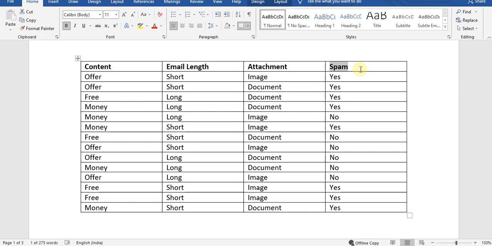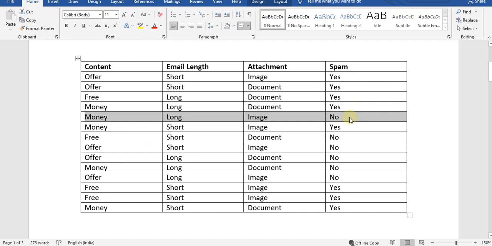If you consider the first record, you can understand that when the content of the email is offer, email length is short and the attachment is an image, then the mail was detected as spam. Now if you consider the 5th record, you can see that when the content has the word money, email length is long and attachment is image, then the mail was detected as not spam.